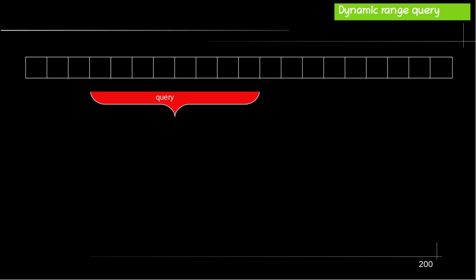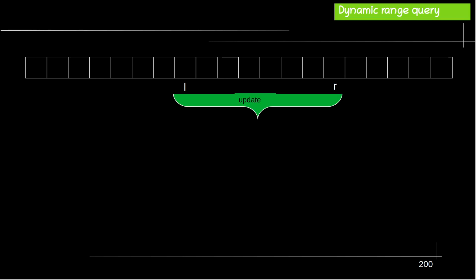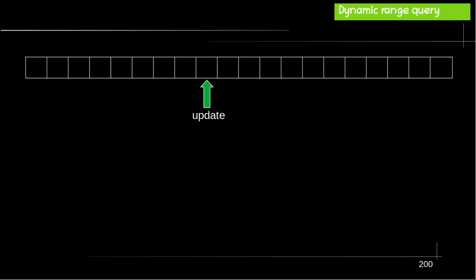So here we have two types of operations: querying the answer, the minimum or the sum in a range, or updating a range or just one element of the set.